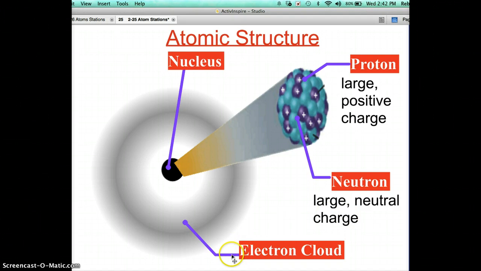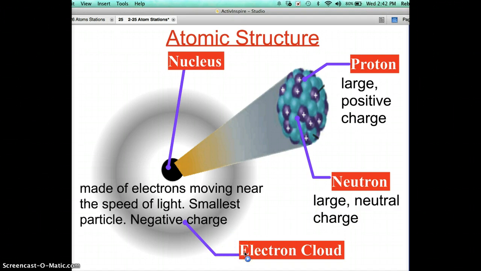The electron cloud, once again, has electrons moving near the speed of light. They are the smallest particle and do not give any mass to the atom. The mass of every atom comes from the protons and the neutrons, and the electrons have a negative charge.